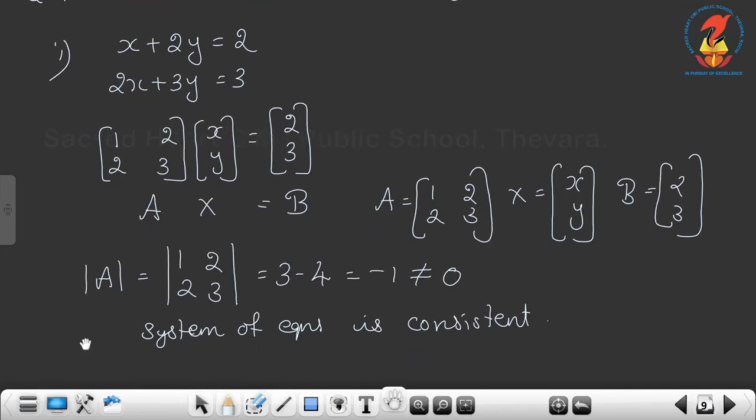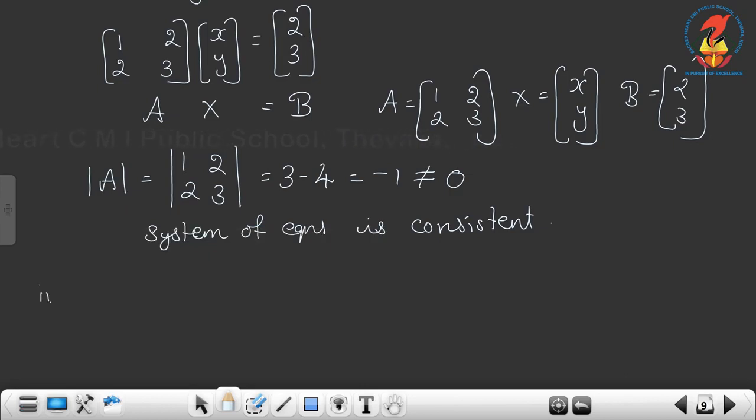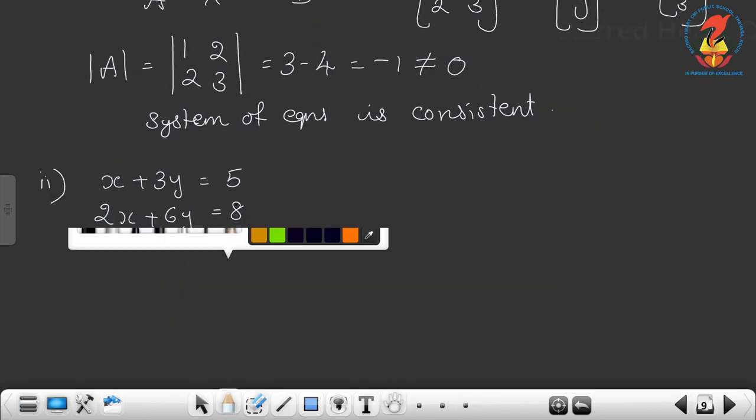Now the second question. X plus 3y is equal to 5 and 2x plus 6y is equal to 8. Here also we have two equations.